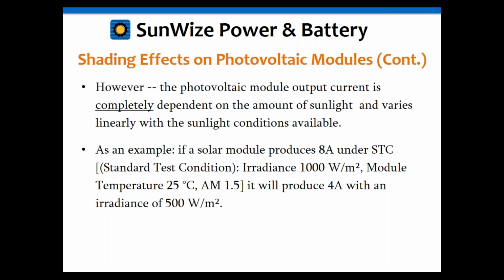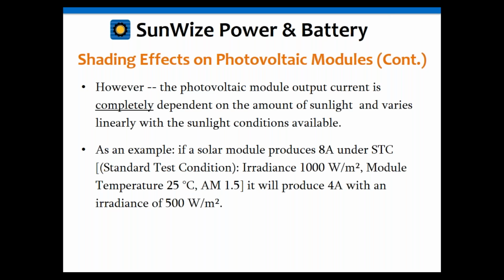So to summarize it, let's say you have a solar module that produces 8 amps under STC, standard test conditions. STC is based upon an irradiance of 1,000 watts per meter squared. Let's say the sunlight conditions are only about half of that, about 500 watts per meter squared that day.